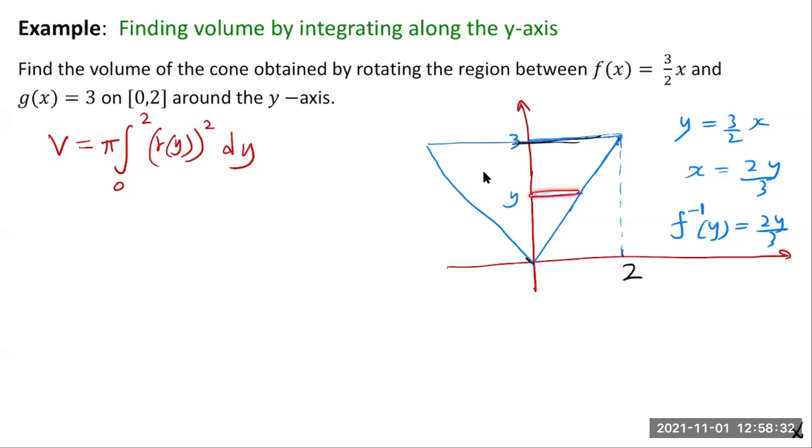Now I can go with the disk method formula, integrating along the y-axis. This is the formula for the volume. Volume is equal to pi times the integral from 0 to... pardon me, this should actually be 0 to 3, because I have to integrate.